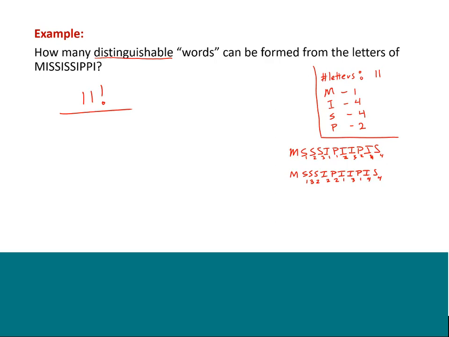Well, if I hadn't put on the subscripts, would you have thought that they were the same word? Yeah. So these guys turn out that they should be counted as the same word.